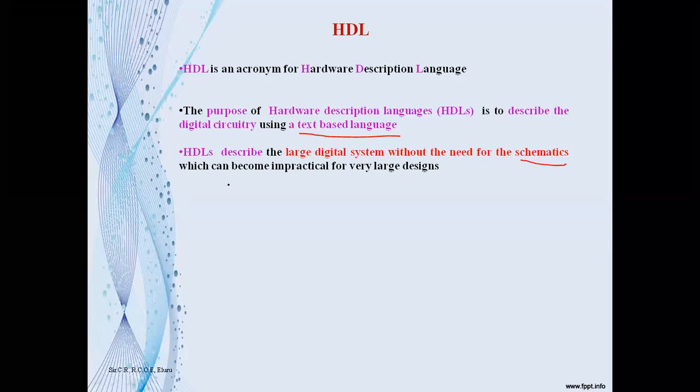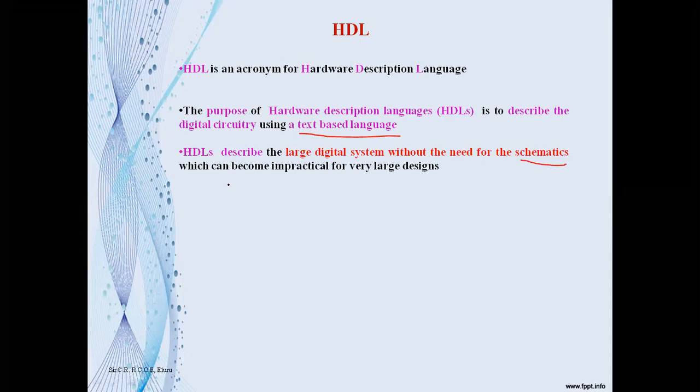So we represent the CPU at the algorithmic level, with the help of block diagrams. Such blocks are called the schematics for the CPU of the computer. So large digital systems cannot be described with these schematics.